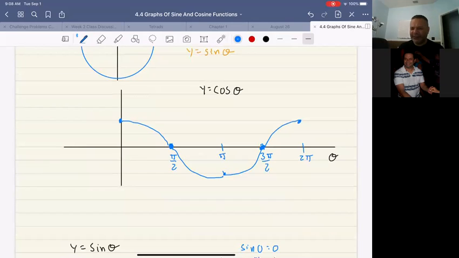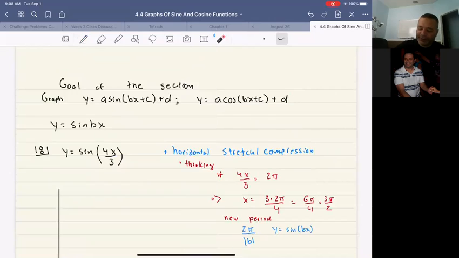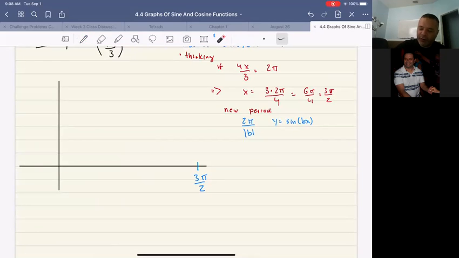This was cosine, but its sign doesn't matter here. This pi over 2 is 1/4 of the full period. So the first place I'm going to mark is going to be 1/4 of this full thing. Well, 3 pi over 2 divided by 4, that's just 3 pi over 8. So my first mark is going to be at 3 pi over 8.